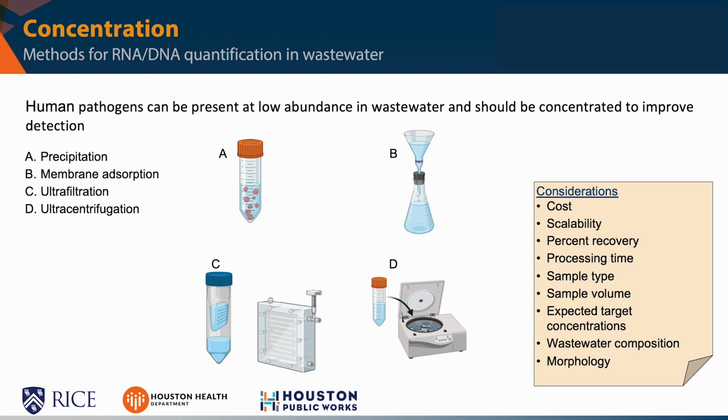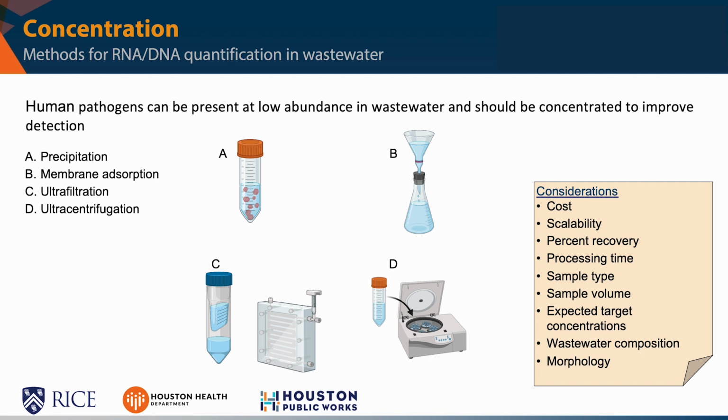PEG precipitation works by altering the solubility of the target, resulting in precipitation. In membrane absorption, the target is absorbed to a negatively or positively charged membrane filter by charge interaction and subsequent removal from the filter through chemical or mechanical processes such as elution or bead beating, respectively.